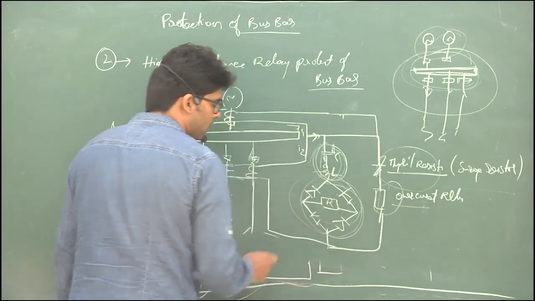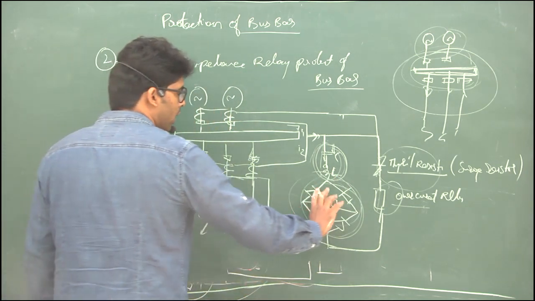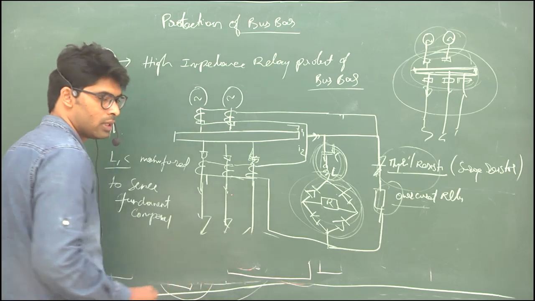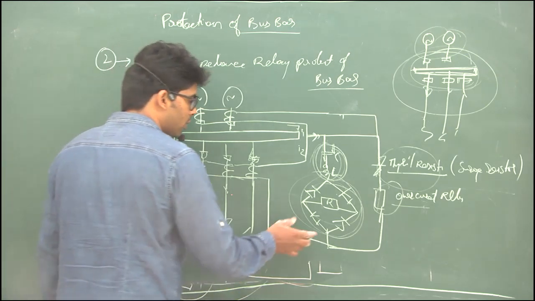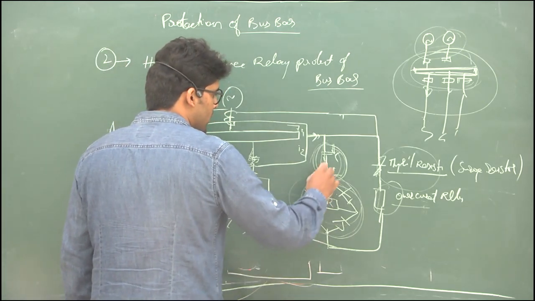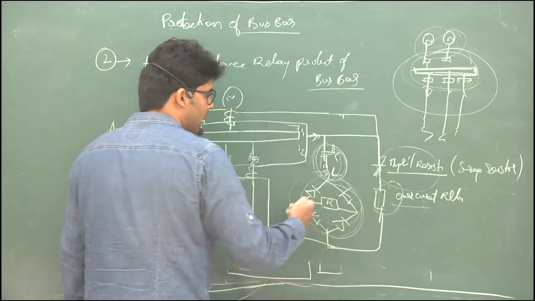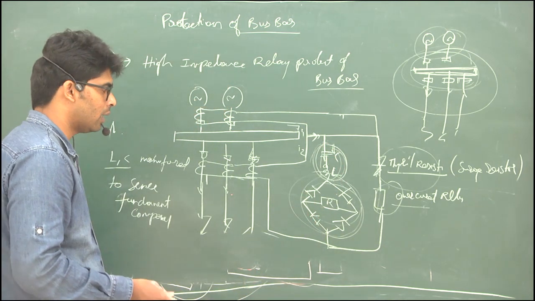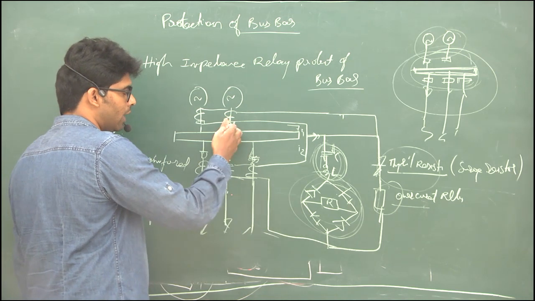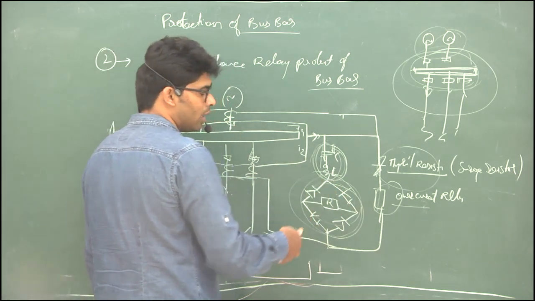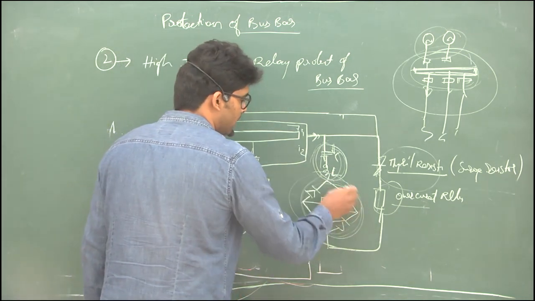This bridge is for protecting the relay when high voltage occurs during internal faults. In some cases this bridge is not there, and for high voltage, very sensitive equipment may get damaged, even if the fault occurs internally. Without this bridge, the relay gets protected internally instead.